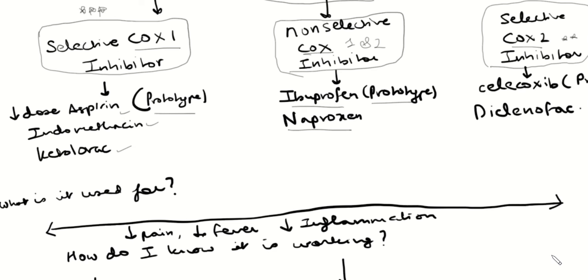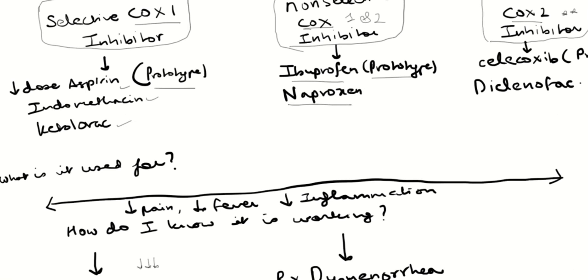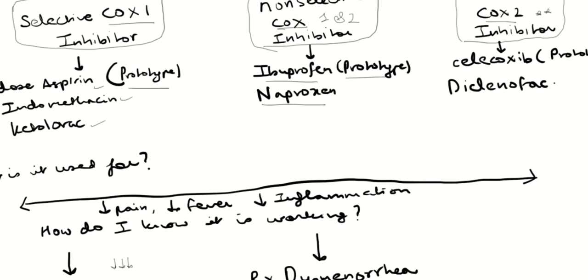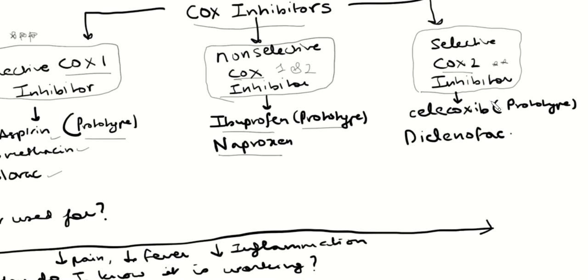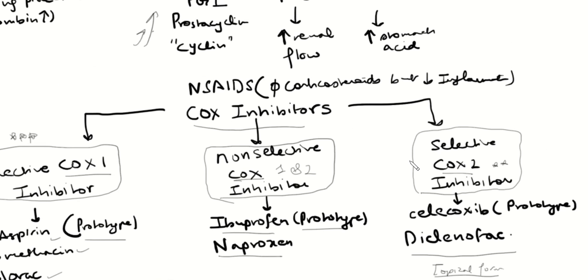And then again, at the time these lectures were recorded, we still see the selective COX-2 inhibitors, especially Voltaren, being used in a topical form for pain management because they are very good. The problem is when we absorb them systemically, that's when we start to run into trouble with clots. Okay.